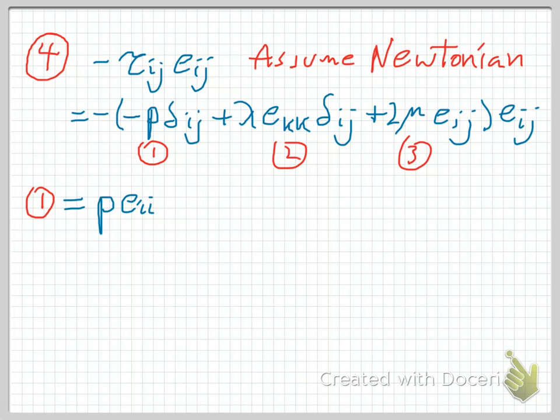This is called the expansion work. If the fluid is expanding in our fluid parcel, then the pressure within the fluid parcel supports that expansion and causes it to do work and increase the kinetic energy of the motion.